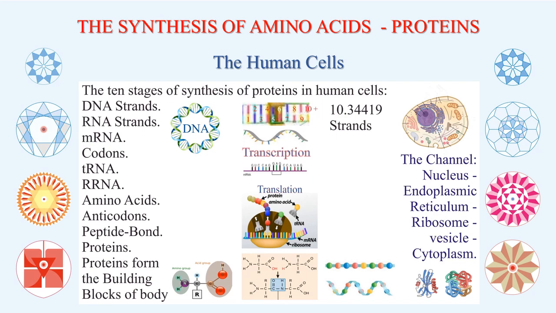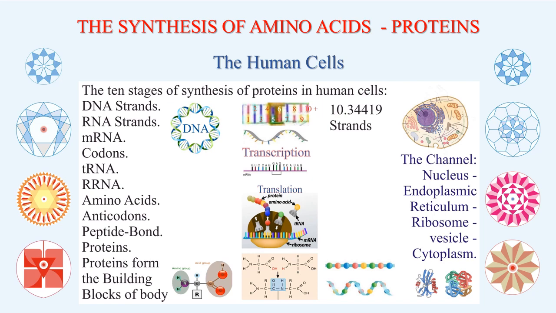But you can find DNA strand, RNA split into two RNA strands, then mRNA, then codons, transfer RNA, ribosomal RNA, amino acids, anticodons, peptide bonds, proteins, the building blocks of the body, and you can see the formula of amino acids and how amino acids unite to form protein chains.